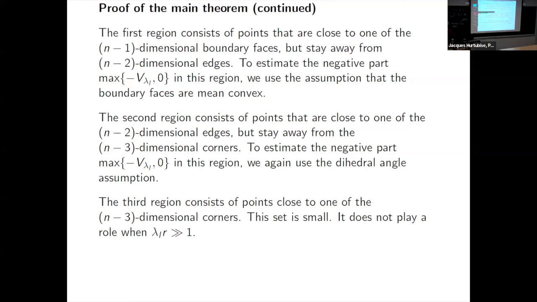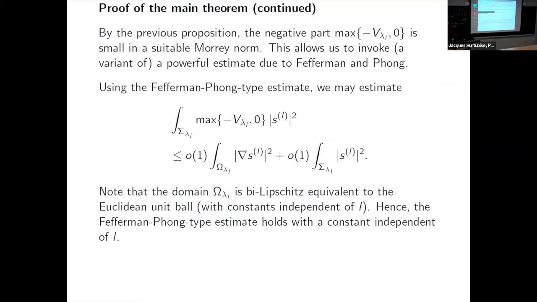To explain why, let me go back to this estimate here. Basically you want to estimate this kind of error term. Now, if you knew that the solutions S_L were bounded in sup norm, then you could say the corners don't matter because they're higher codimension. However, a priori, you have no idea how the L2 norm of this S_L is distributed.